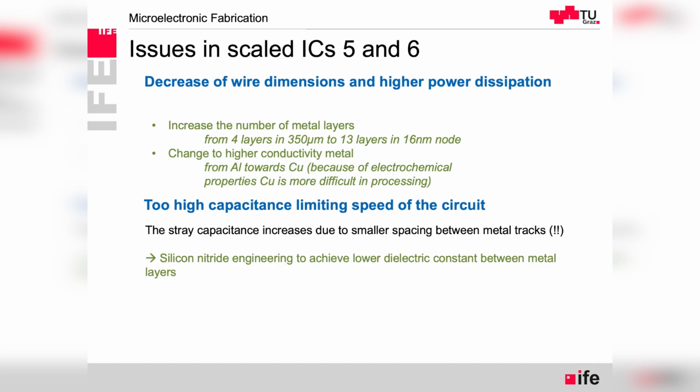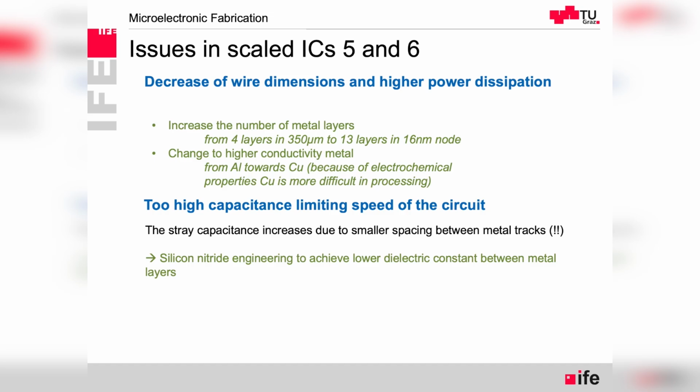One of them is related to the electrochemical properties: copper atoms diffuse much more easily in the materials. So it also needs some liners. But also deposition of copper and removal of copper is very different than for aluminum. So it took a long time until the industry was able to do this.